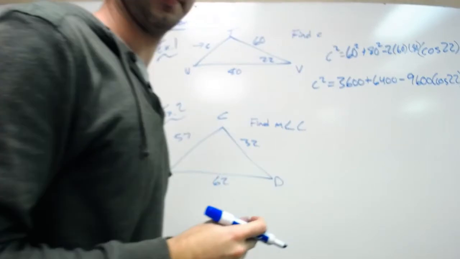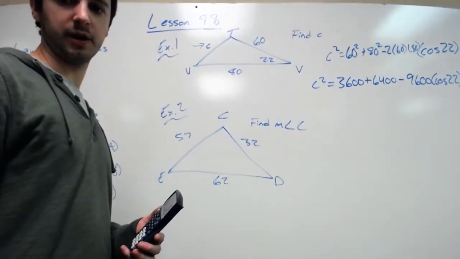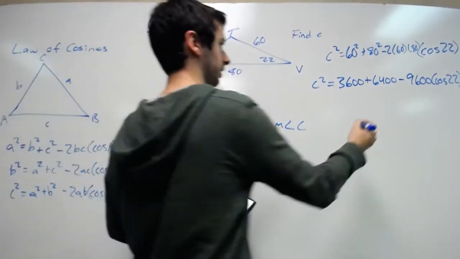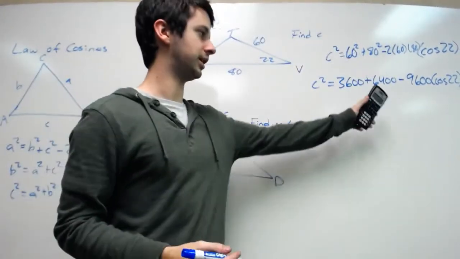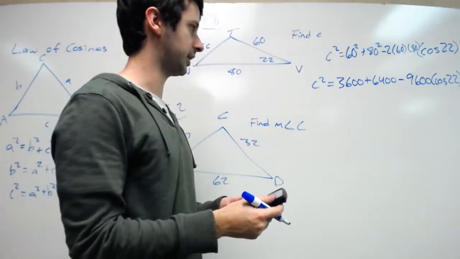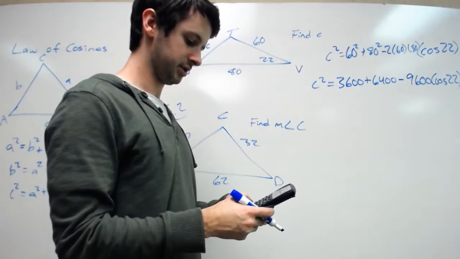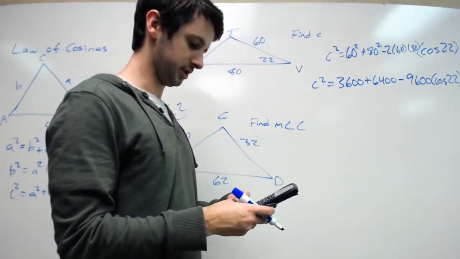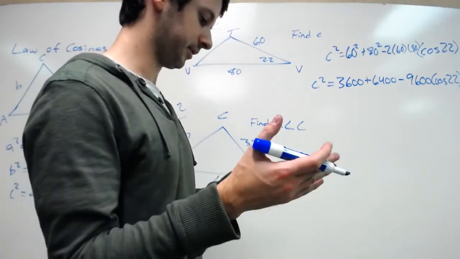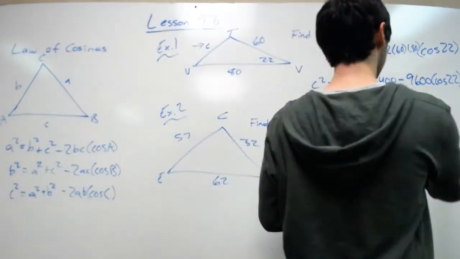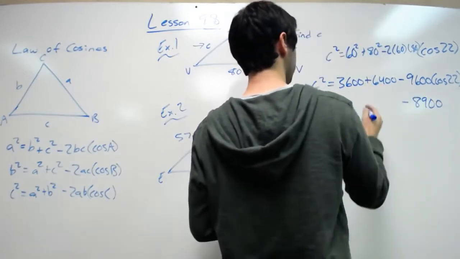Now, order of operations from this point, we have to make sure that we do the multiplication first before we do any of the addition or subtraction. So I do -9,600 cosine 22, and that gives me roughly -8,900.